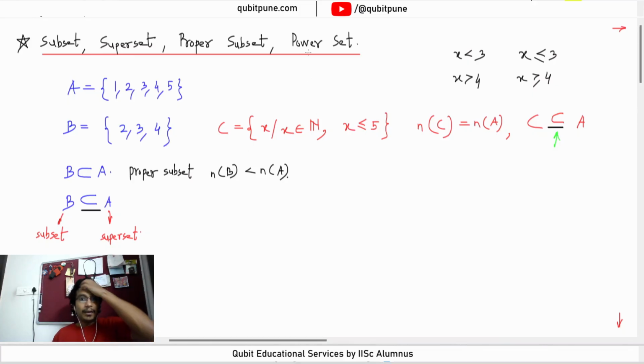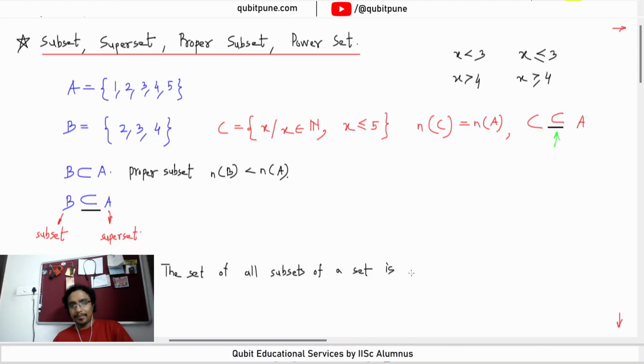Okay, and what is power set? Does anyone know what a power set is? No, that is the size of a power set. But what is the definition of power set? The set of all subsets is the power set.